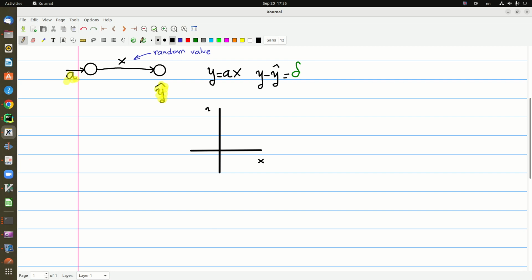Here we have y. And our line, our function, can be seen as this, where a is the slope of this line here.